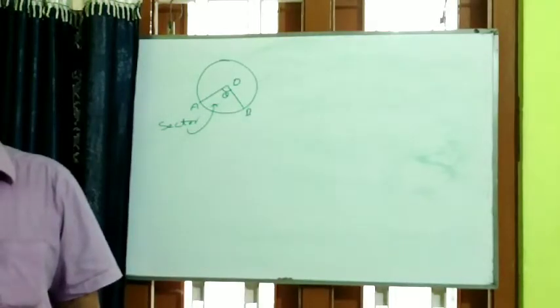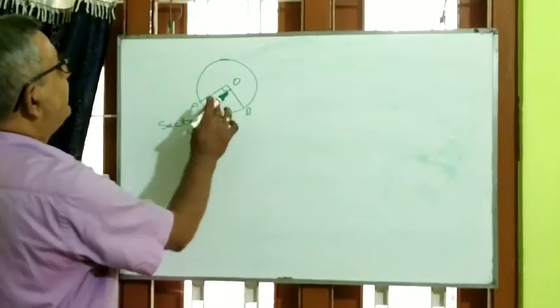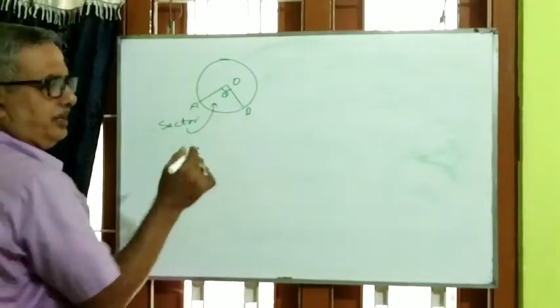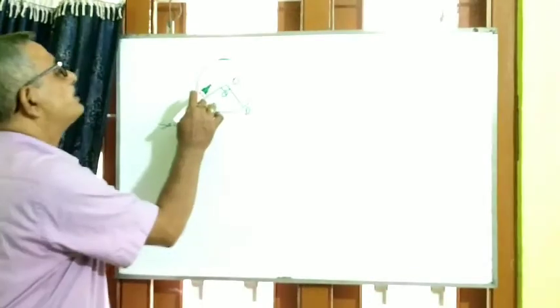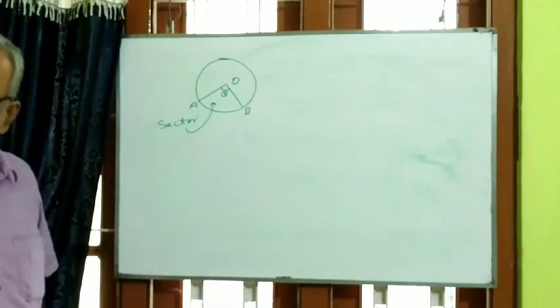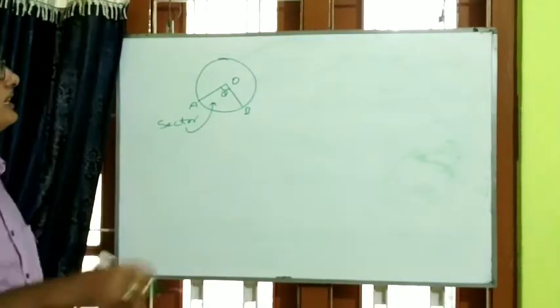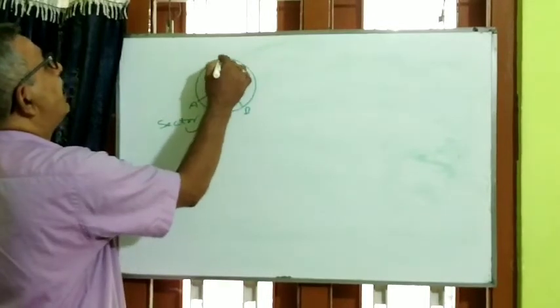You will reply sector. But what type of sector is it? If simply sector is asked, then you should understand the minor sector is the sector. Major sector means the remaining portion of the circle.